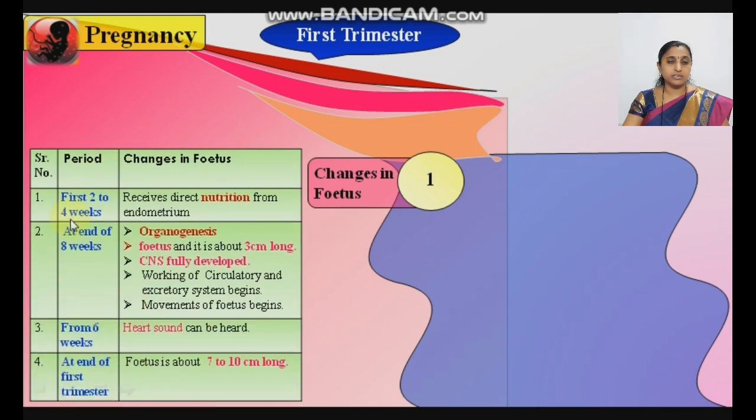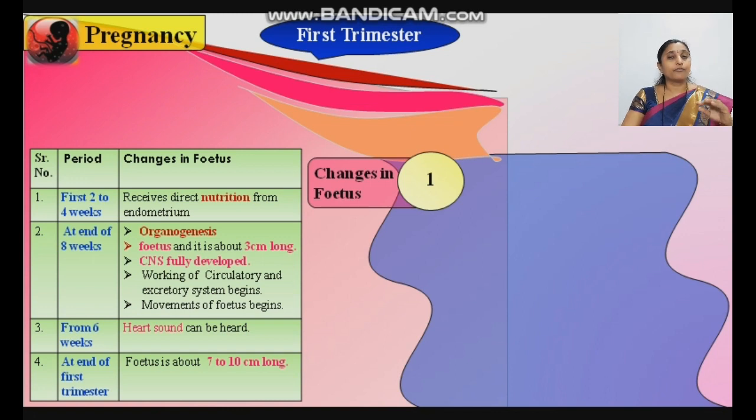Here is the table of changes in the fetus. The first 2 to 4 weeks are the first month of pregnancy. Sorry, I have used the word fetus here; it should be embryo. When is embryo used, and when is fetus used? There is a difference.